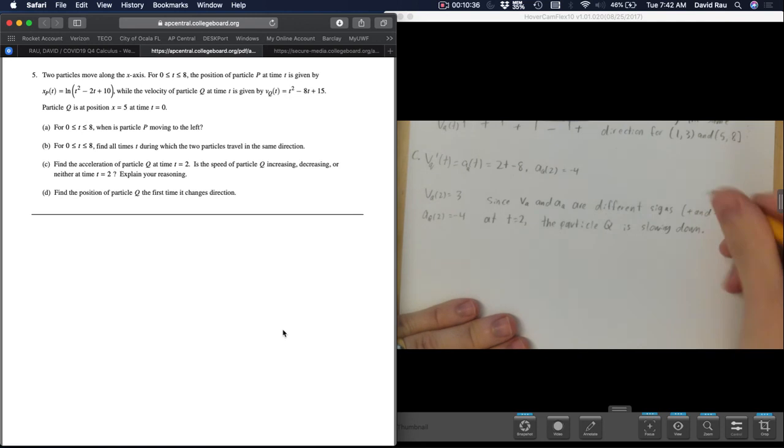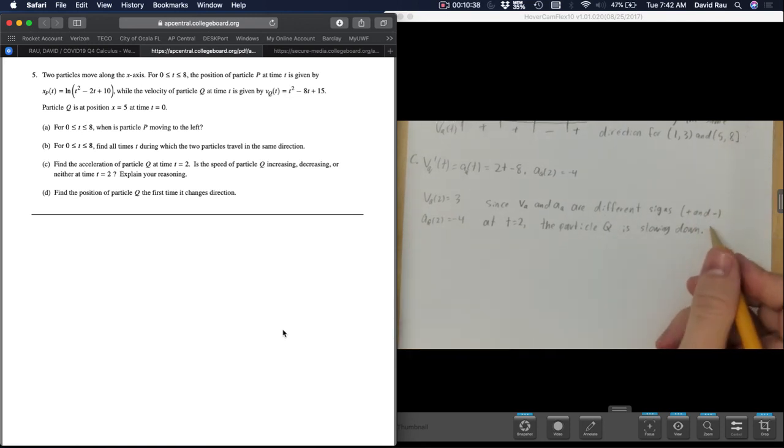If both signs agree, the particle is speeding up. So if it's positive positive or negative negative, it will be speeding up. You'll either be moving faster downward or moving faster upward. But if they disagree, you are slowing down.